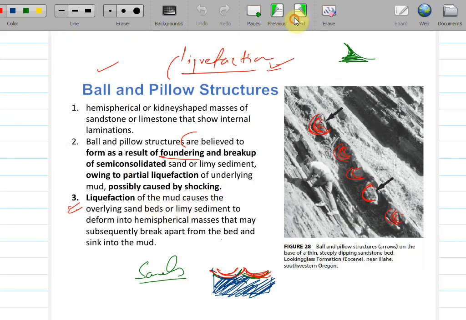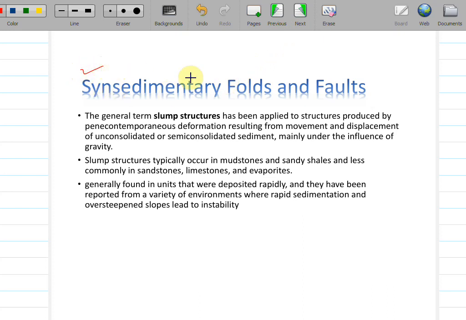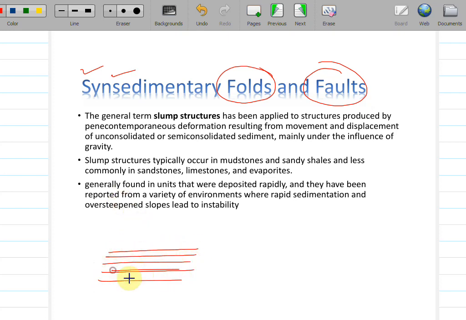Now moving on to sedimentary folds and faults. As the name suggests, sedimentary means that when your beds are being deposited, at the same time there is deformation happening.